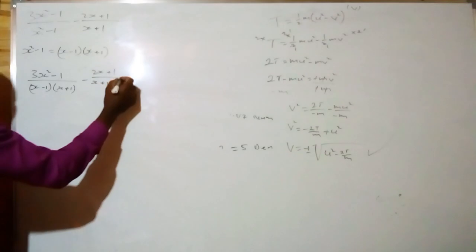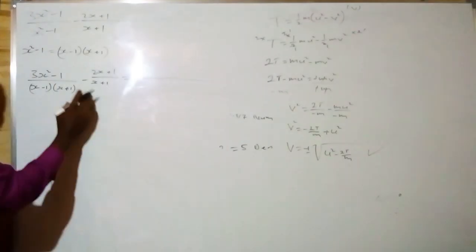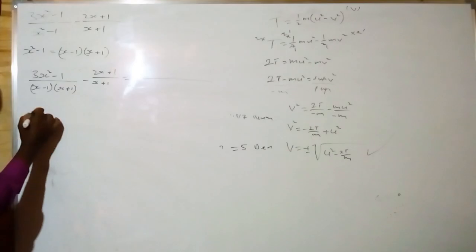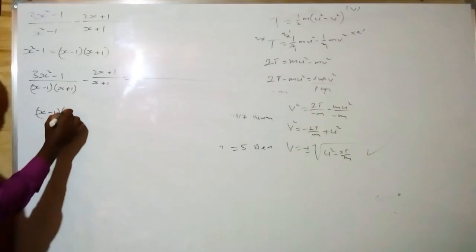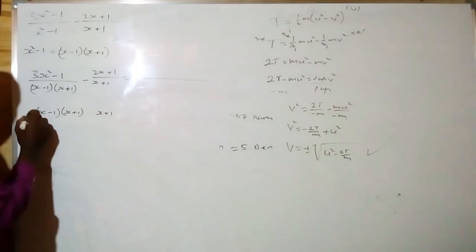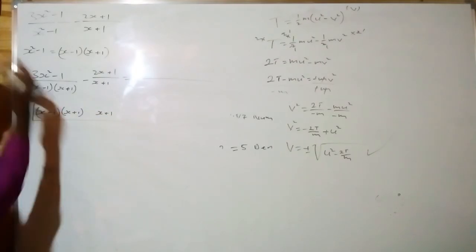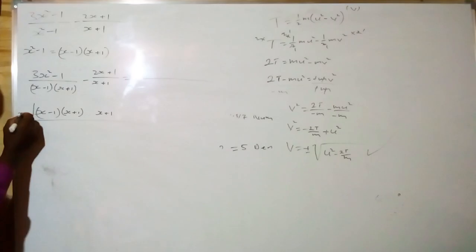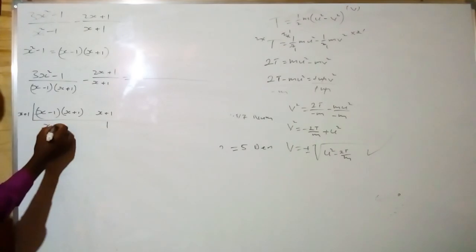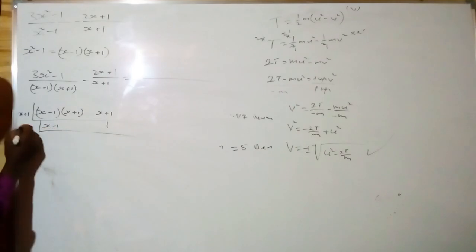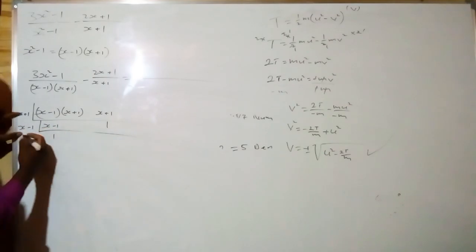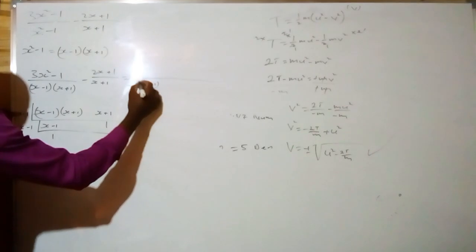First of all, you are going to get the LCM of this and this. We can come here and say x minus 1, x plus 1, and x plus 1. Common, I can see x plus 1, and here x minus 1. So the LCM is supposed to be x plus 1, x minus 1.